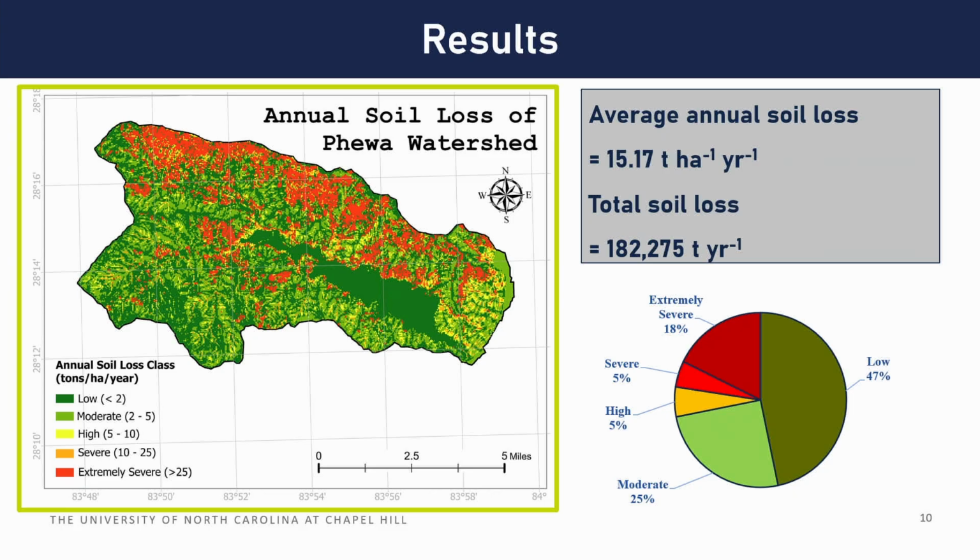The erosion rate was classified into 5 classes, and it showed that around 47% of the watershed has a very low erosion rate with less than 2 tons per hectare per year, whereas 17% of the watershed has more than 25 tons per hectare per year of soil erosion.